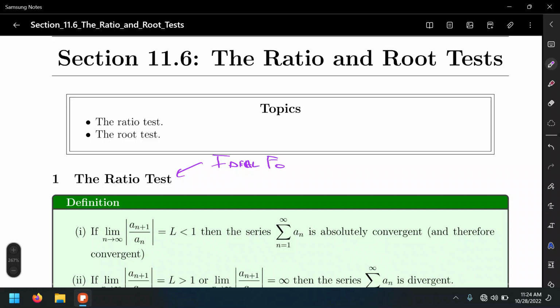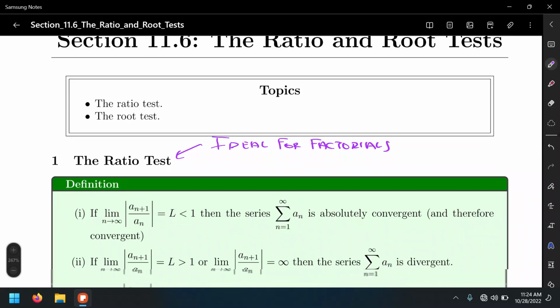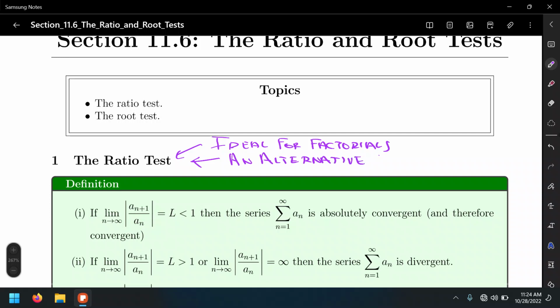It is ideal for factorials. This is the first time we're going to look at infinite series involving factorials. This is also an alternative for alternating series.